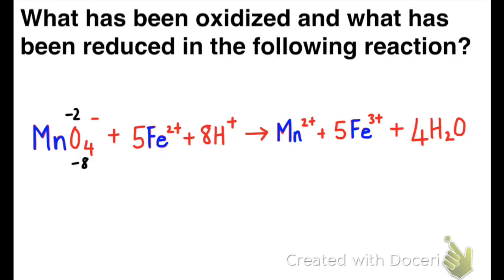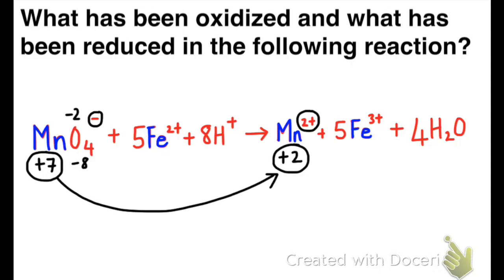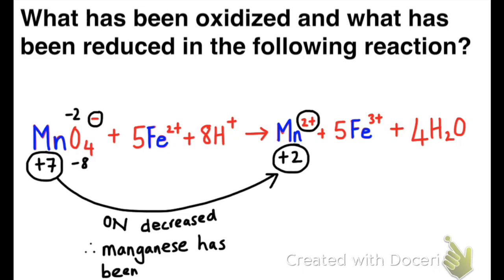There are 4 of them, so that gives us -8. The overall charge of the ion is -1, and so Mn must be +7. On the right-hand side, Mn's got a 2+ charge, which means its oxidation number is +2. And so we can see that Mn's gone from +7 to +2. The oxidation number has clearly decreased, and so we can therefore conclude that manganese has been reduced.